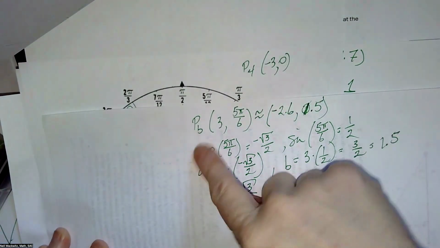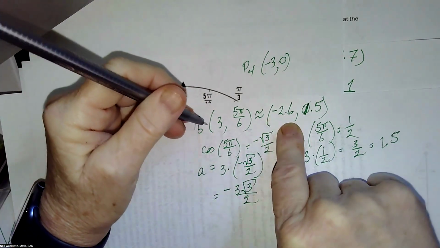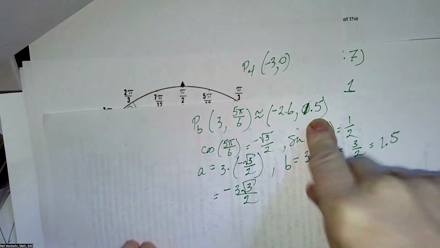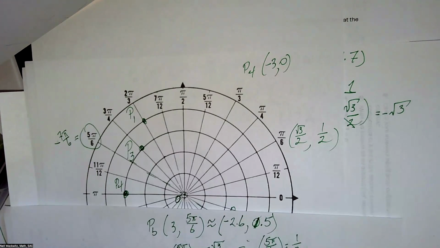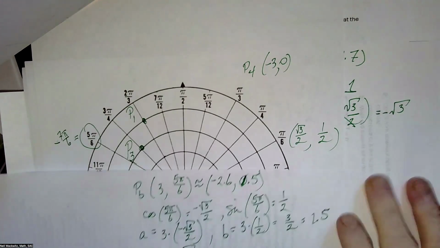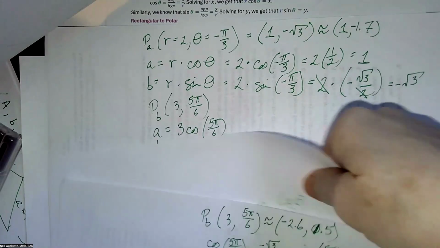So approximately in rectangular coordinates, point B is (-2.6, 1.5). Next one.